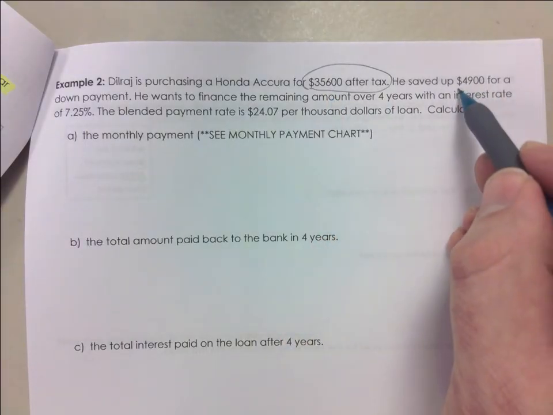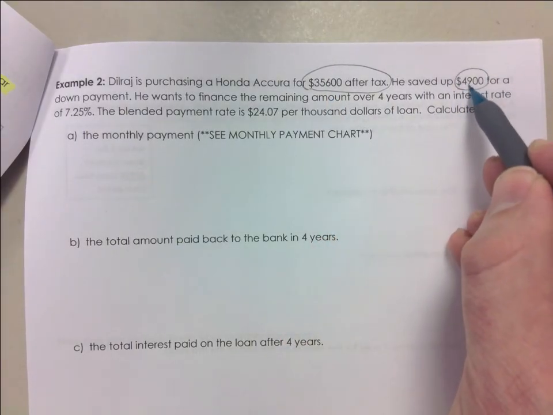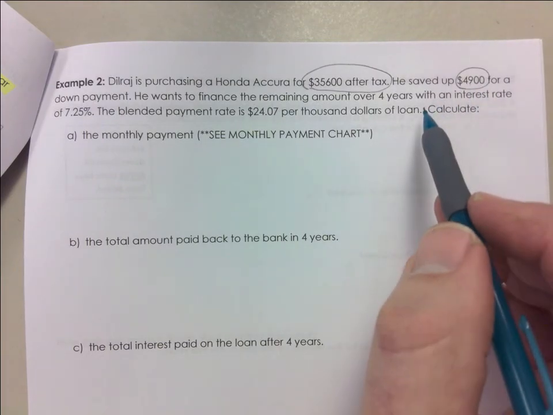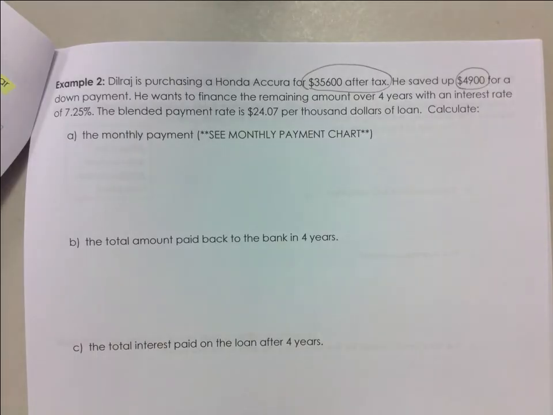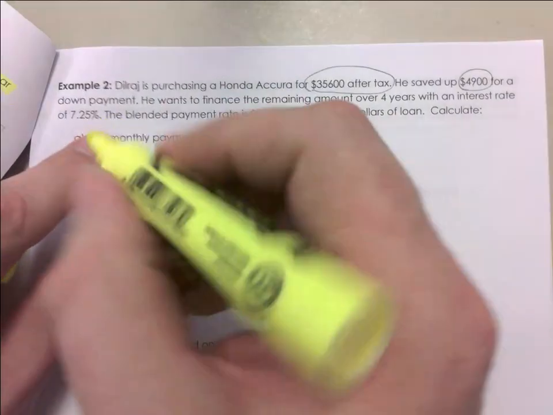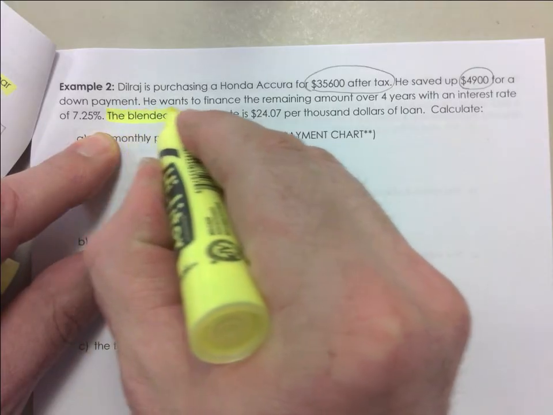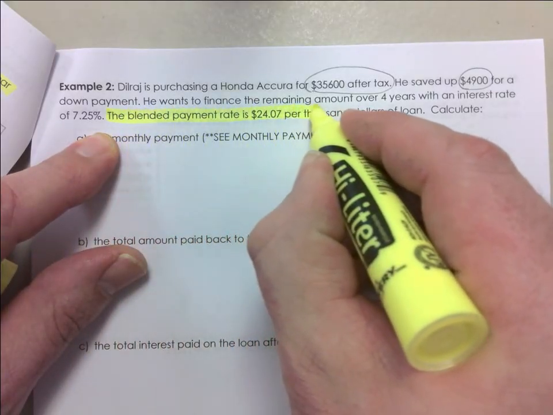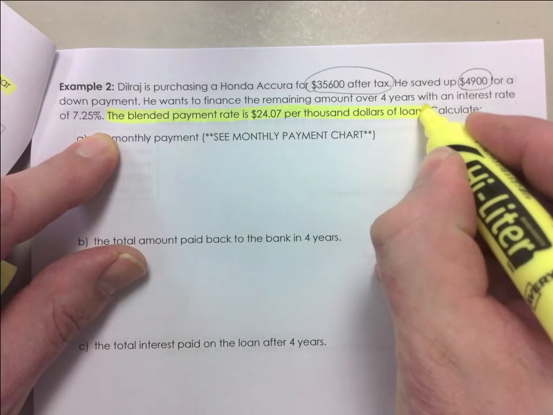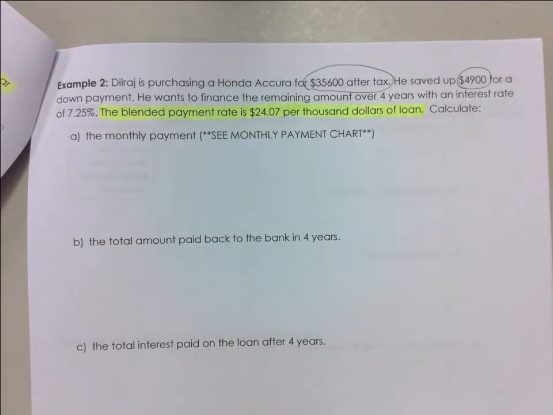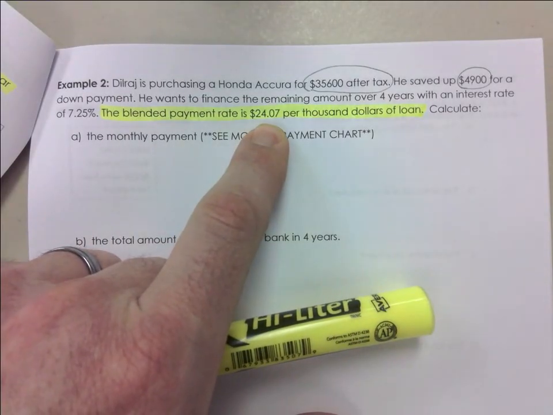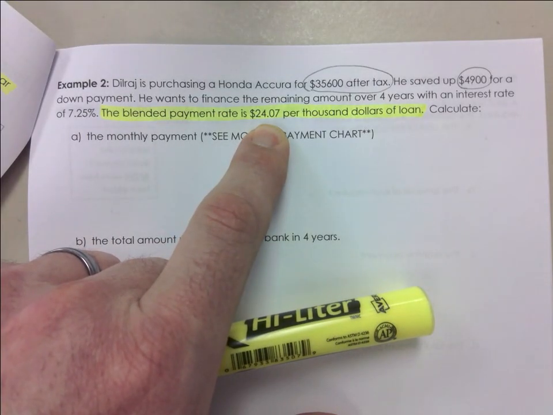You saved up $4,900 for a down payment. Whoa, there's a down payment, watch it. And watch this here, I'm going to highlight it. The blended payment rate is 24.07 per $1,000 of loan. What is that for us? What did I call that? The table rate.